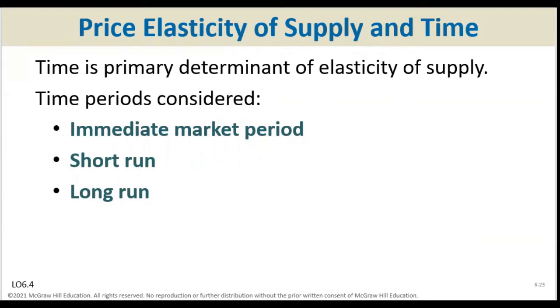So the ease of shifting resources between alternative uses is very important in the price elasticity of supply. Because it determines how much flexibility the supplier has to adjust the output to the change in the price on the market.